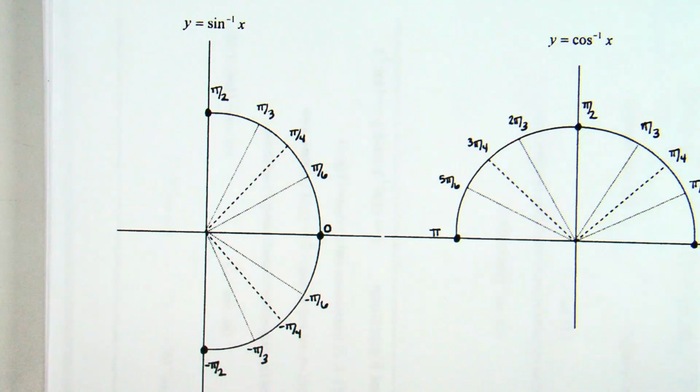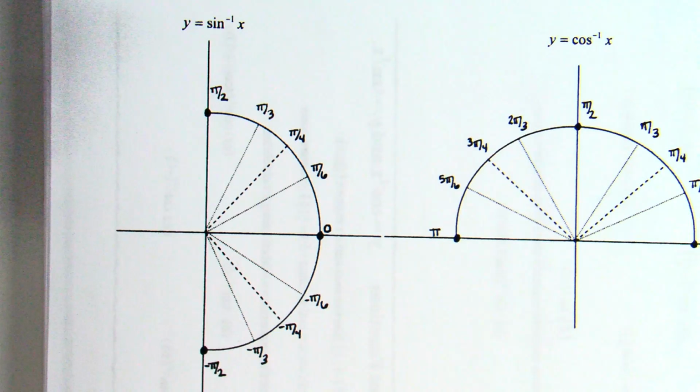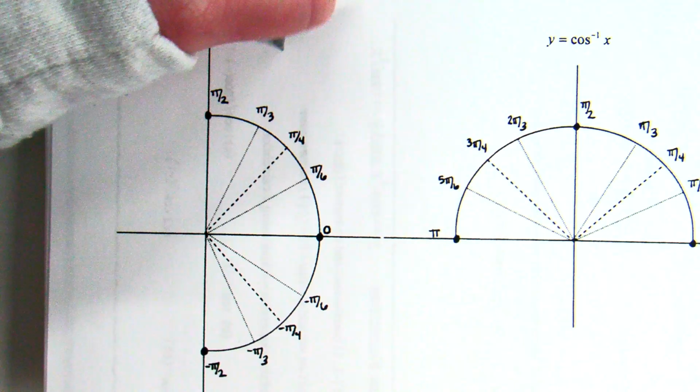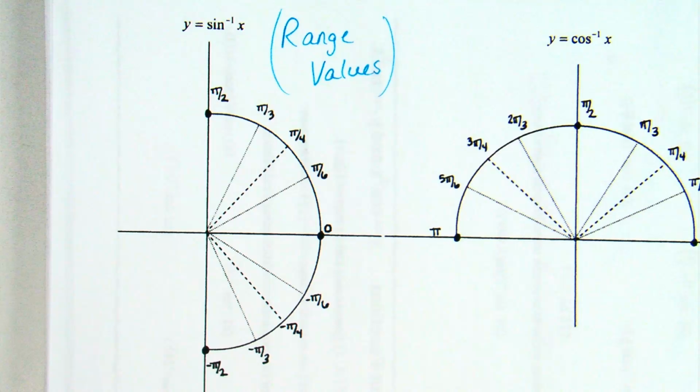But what this sine inverse is doing, notice this half circle goes from negative pi over 2 to positive pi over 2. So what is this graph showing? This is showing you the possible range values. Okay? So when you give me an answer, it has to be somewhere on this half circle.